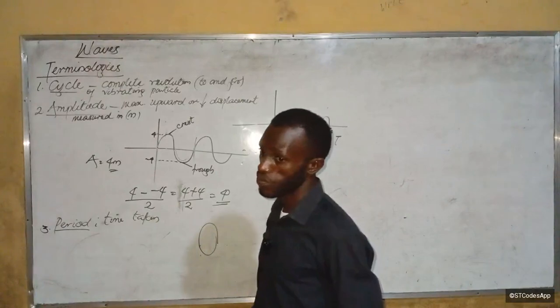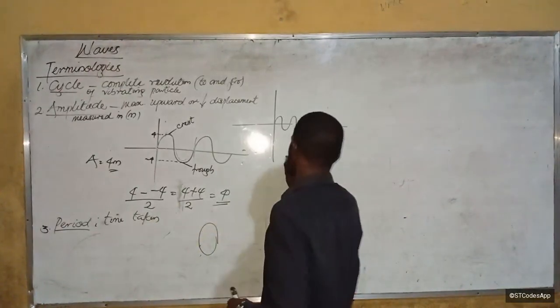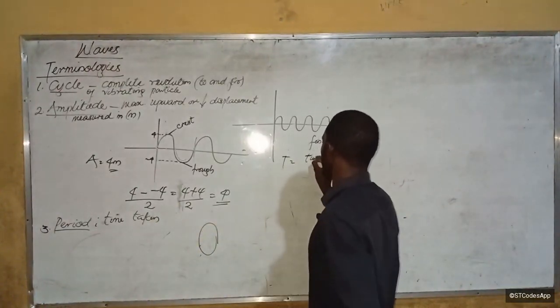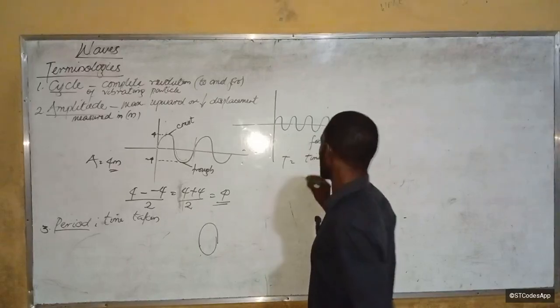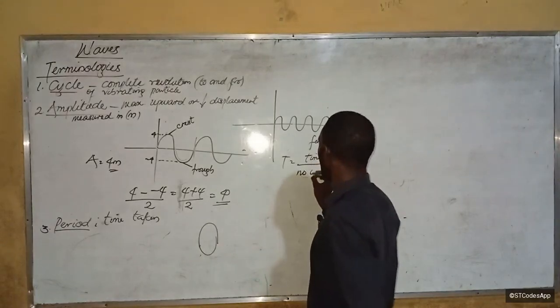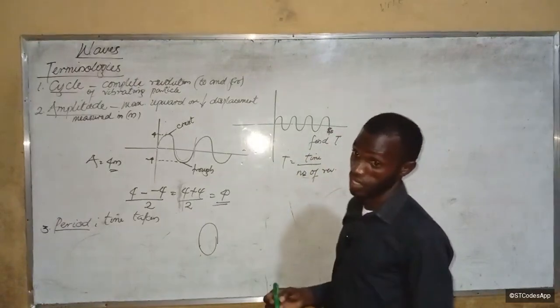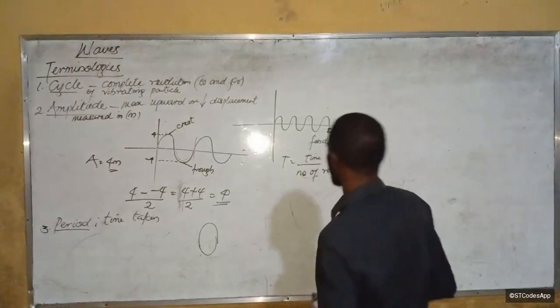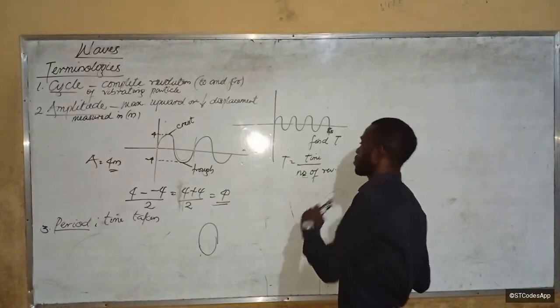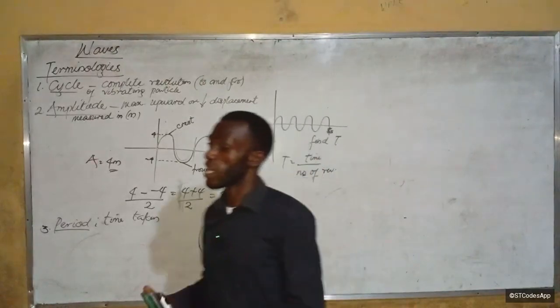Do you know what to do? What did we say period was? Time taken to complete a revolution. That is time per number of revolution. That's the formula mathematically. Period is not equal to time.